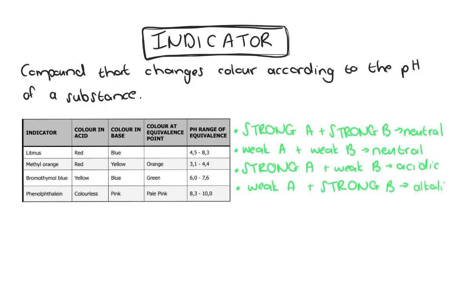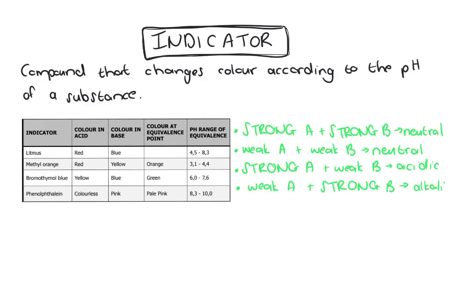If I go out of that pH range, it won't change color. It's going to stay the same color. So if it's in an acid already and I add base, then it's going to stay red. It's not going to change its color. So that's very, very important.